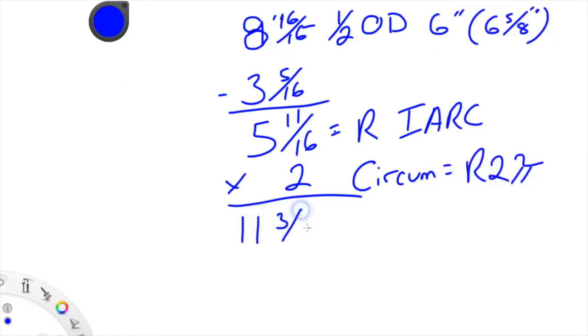That's the diameter. Now to get circumference, we've got to multiply that by pi, and then we'll have our circumference.